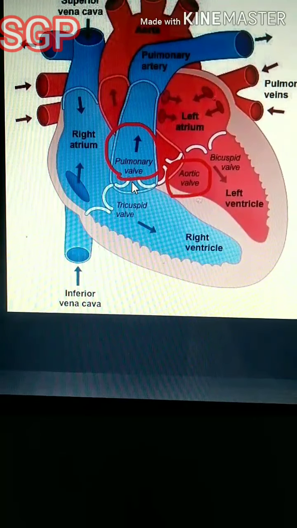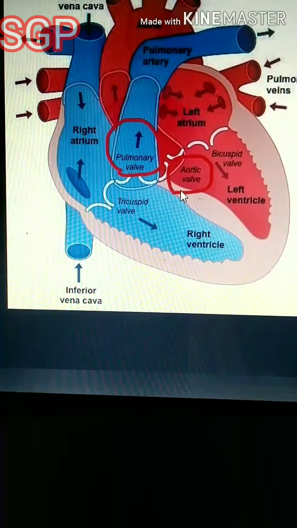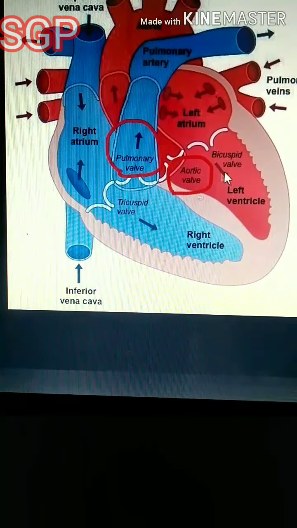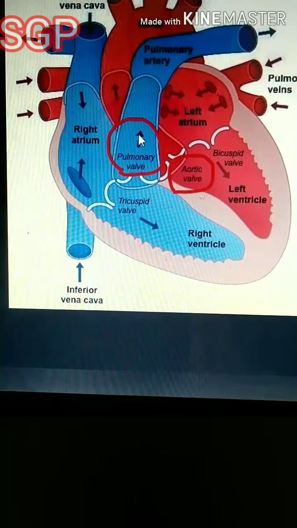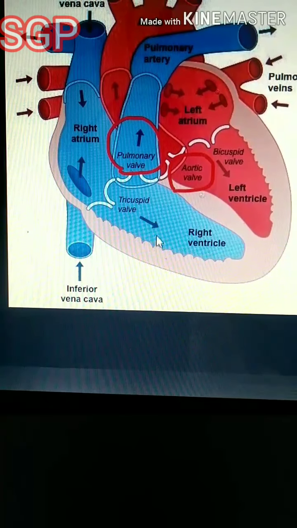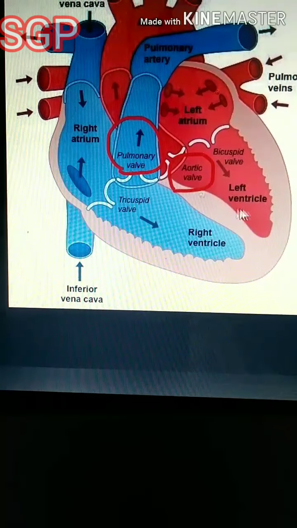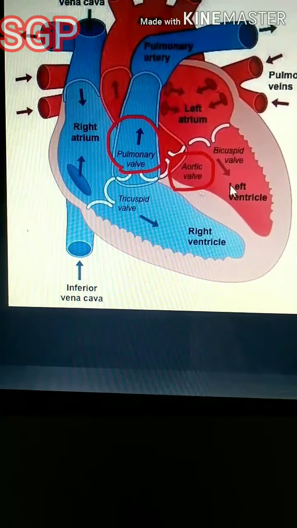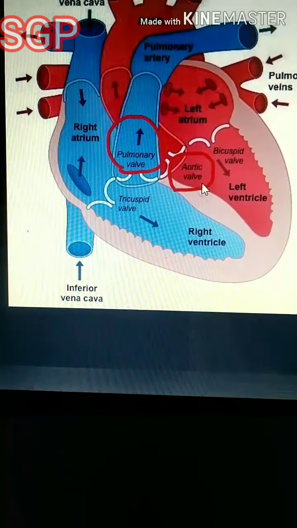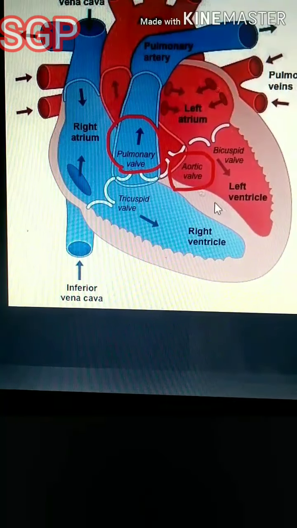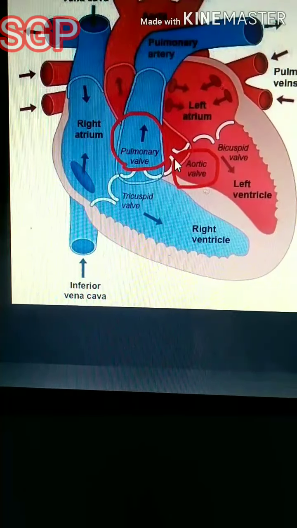When contraction takes place in the ventricles, the right ventricle opens into the pulmonary artery through the pulmonary valve. At the same time, the left ventricle opens into the aorta through the aortic valve, pouring pure blood into the aorta.